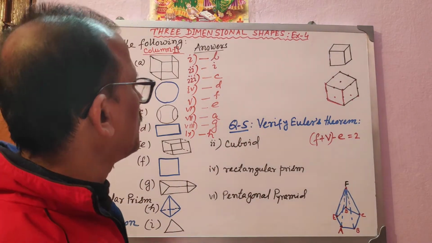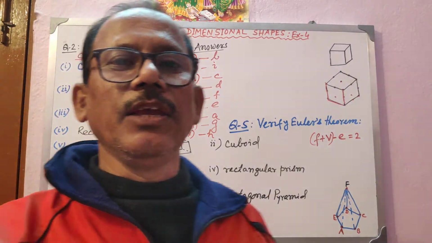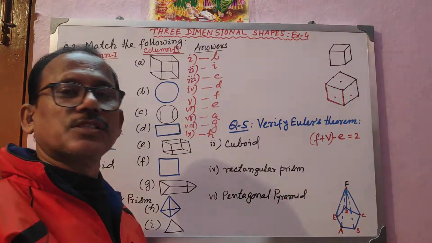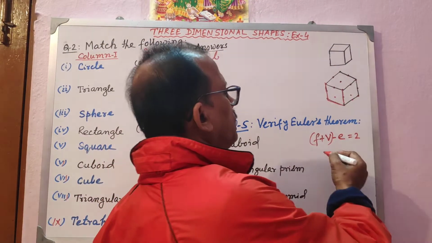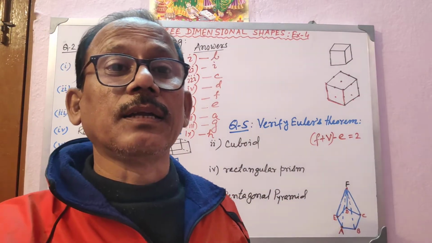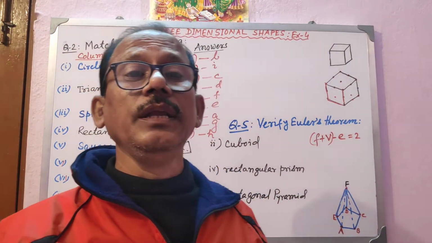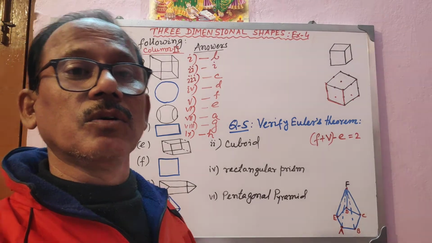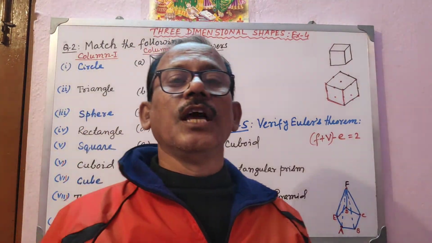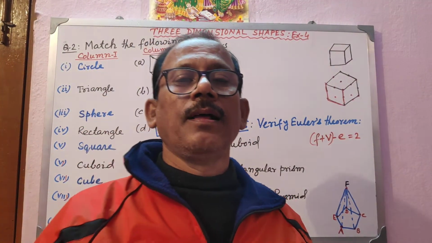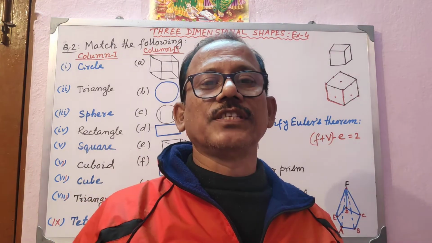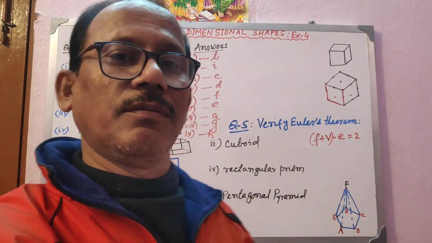I will discuss another question implementing Euler's theorem. See, Euler's theorem means F plus V minus E is equal to 2, but Euler's theorem is applicable only to the polyhedron. Could you understand? Polyhedron means 4 or more faces as polygons. That's all.